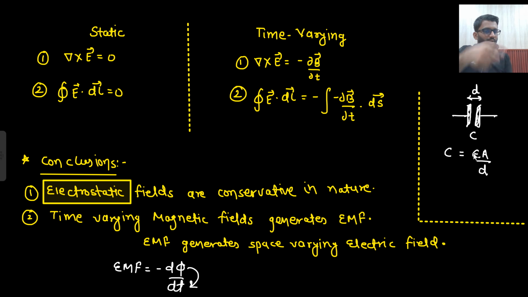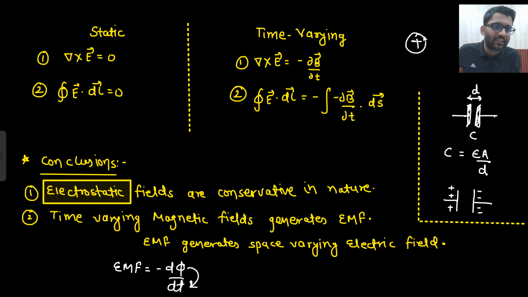Is that clear to you? What is epsilon? You know. What is A? You know. What is D? You know. What else can I teach? This will also be used. Let's say this plate is charged with positive charge and this plate is charged with negative charge. That means there will be an electric field.